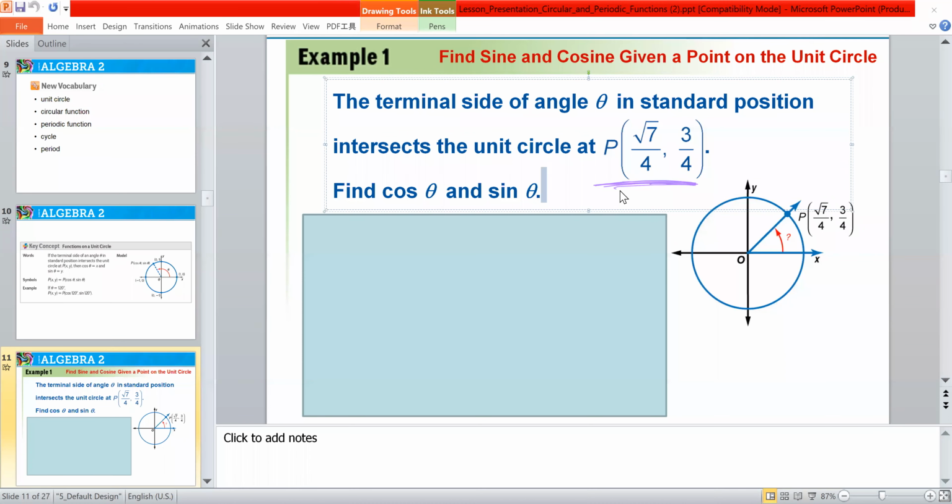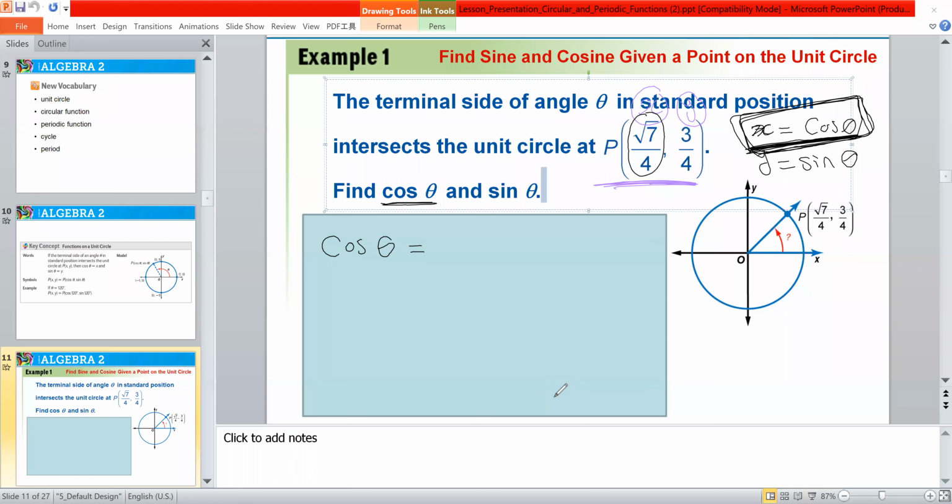Cosine theta is x. So cosine theta is x. X here is represented by the number what? Root 7 over 4. And this is the sine, 3 over 4.